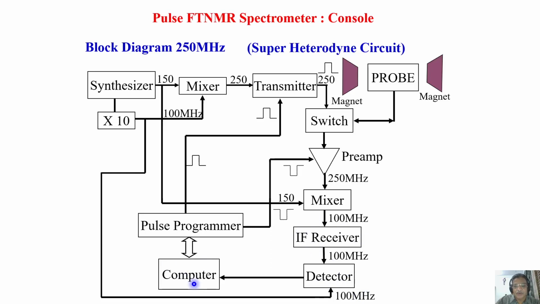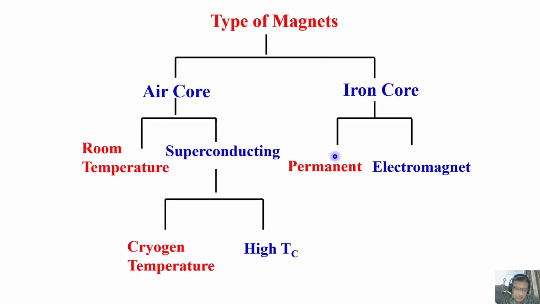The signal is sent back to the computer, and we can also monitor through the pulse programmer using the computer, and we can also monitor the transmitter frequency, everything, and all this preamplifier, everything is controlled by these things. So this is basically a block diagram of 250 megahertz. Each and every component has a detailed discussion, so let us not worry too much. I just wanted to give you the brief, bird's eye view of the NMR console.